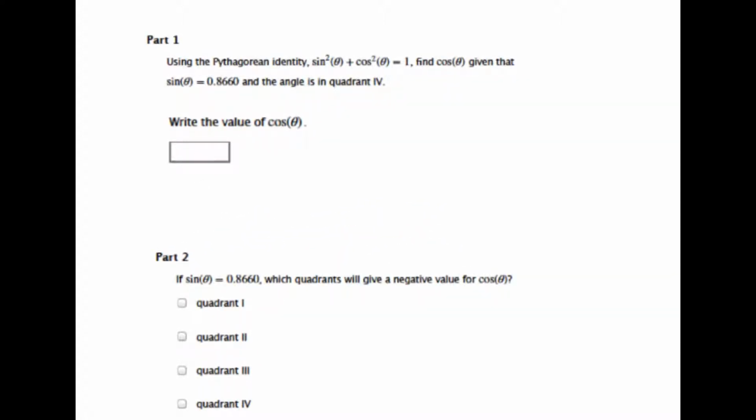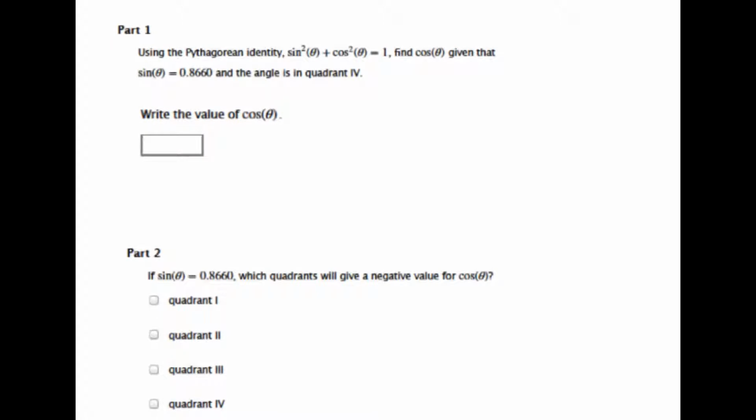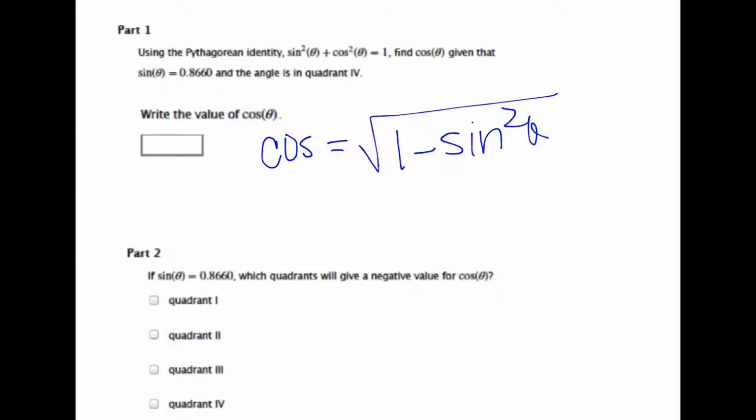Using the Pythagorean identity, solve these. Okay, if you're looking for cosine, hopefully you remember that cosine equals the square root of 1 minus sine squared theta.